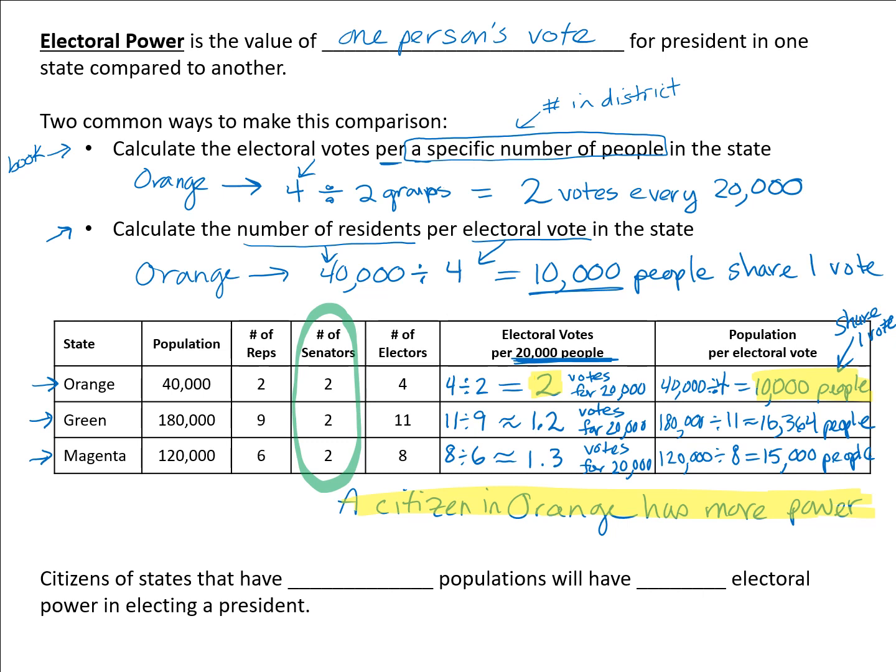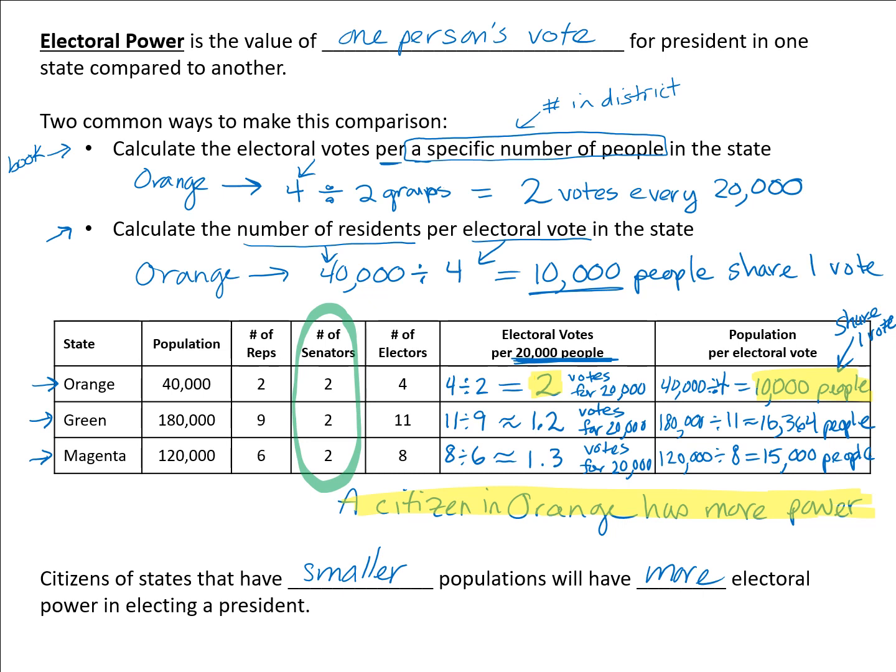And again, it ends up being an overall really simple rule. Citizens of states that have smaller populations will have more electoral power. So for instance, Wyoming, with a very small population, has more electoral power than the state of California, which has a very large population.